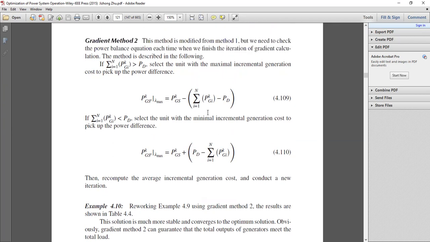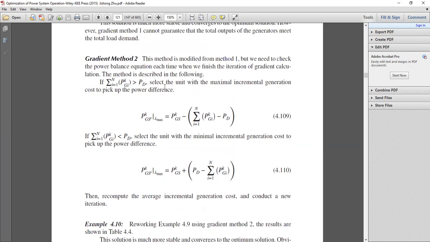So in this gradient method 2, you will have to calculate lambda twice, unless you have converged your solution.